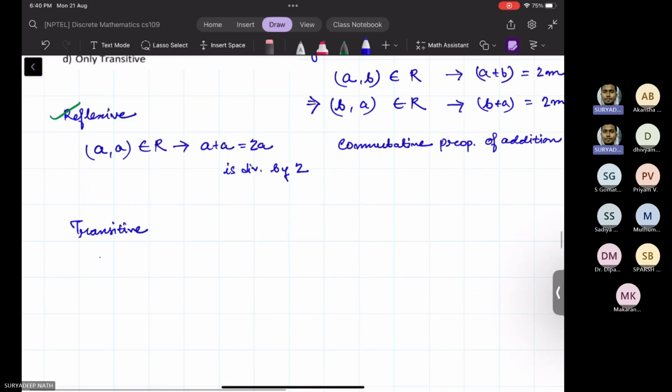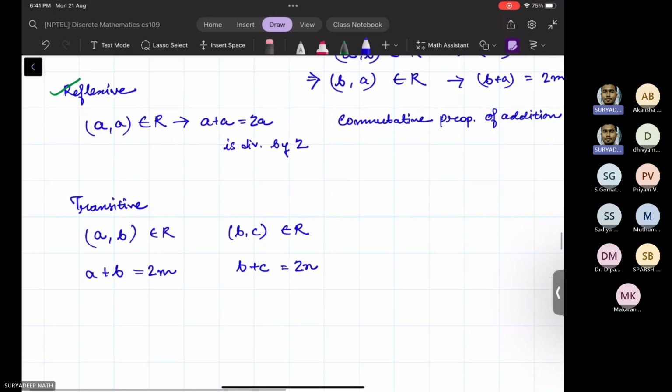Now come to the third part, whether it's transitive or not. For checking transitivity, we take (A, B) belongs to R and (B, C) belongs to R. (A, B) belongs to R means A plus B is some multiple of 2. (B, C) belongs to R means B plus C is some multiple of 2 again.